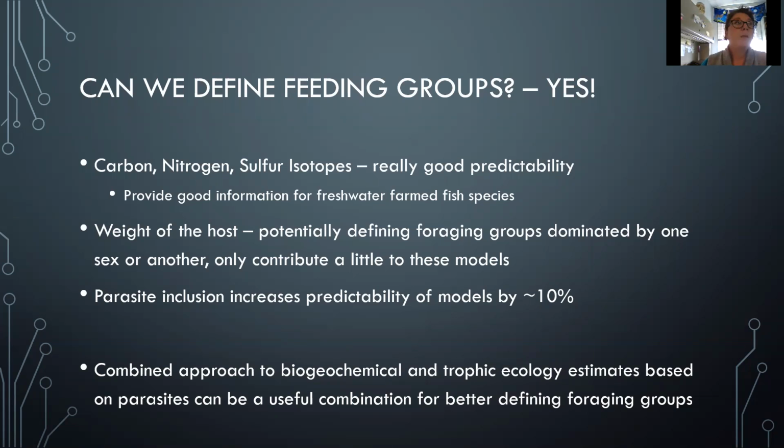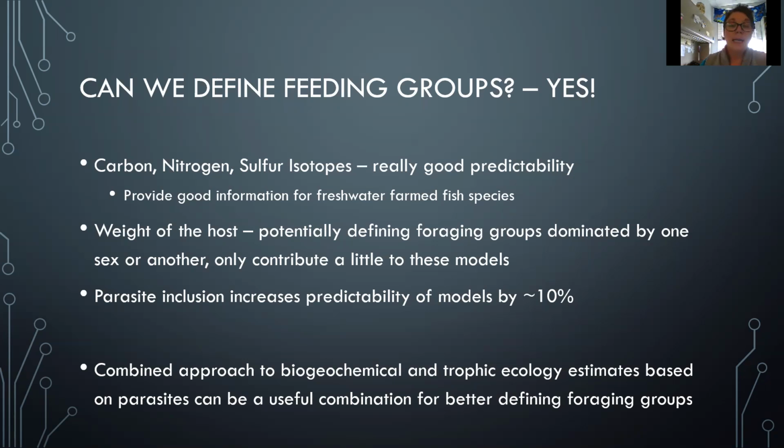In terms of demographic differences, they didn't necessarily improve the model a whole lot, but brought it up by 1%. However, inclusion of the parasites really did enhance the models just a little bit more. And this makes sense because we understand that the parasites are there because of what the birds themselves are eating. And if they're eating a specific type of fish, they're going to have parasites that are associated with it.